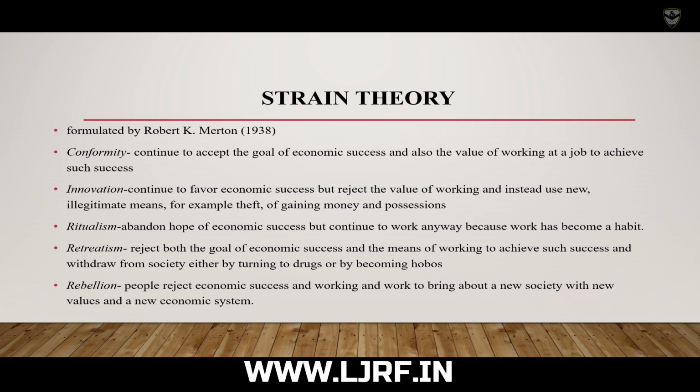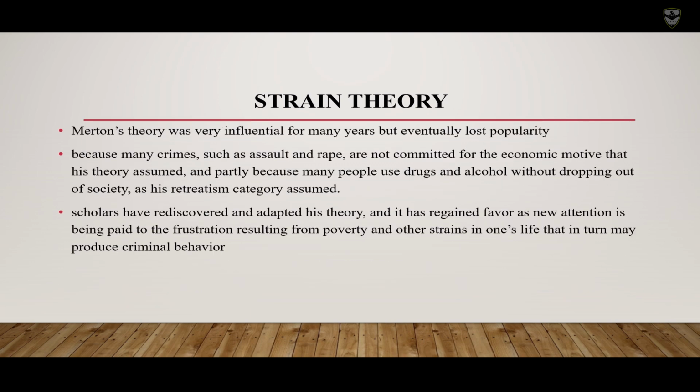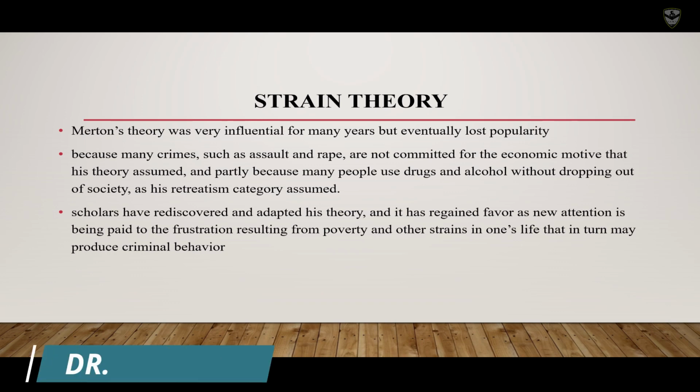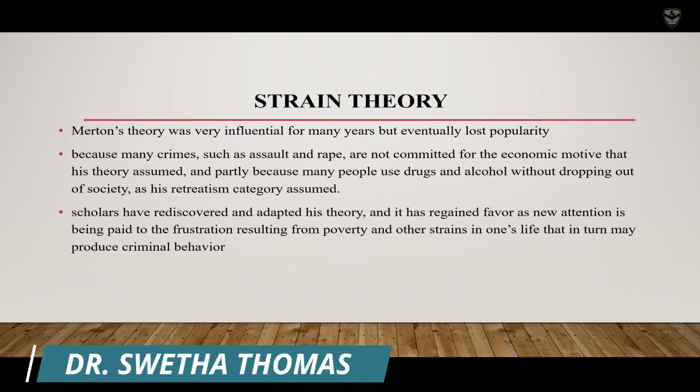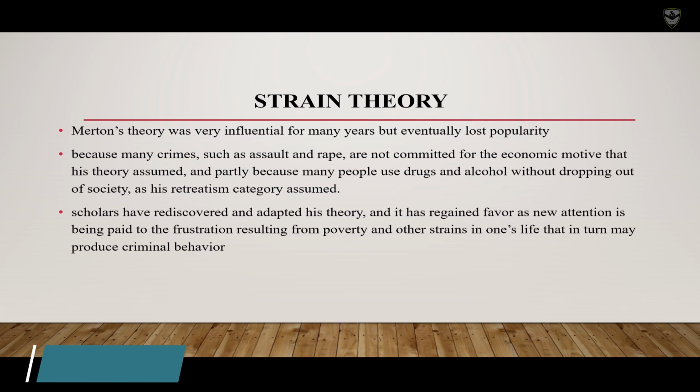Now, this is Merton's theory. It has been very influential for years, but eventually it has lost popularity because certain crimes such as rape, assault, or other economically motivated crimes could not be explained through these categories.